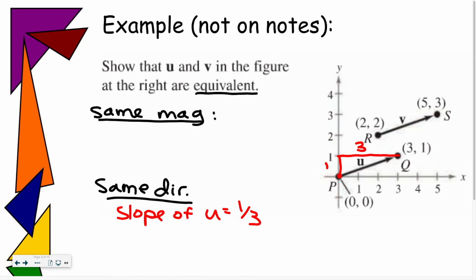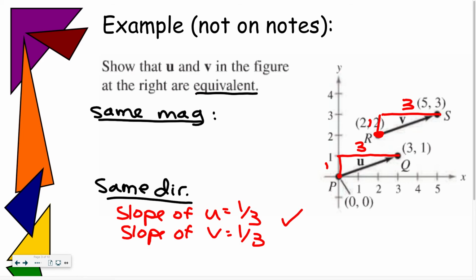And if I am looking at V, I start here at R, which is at (2, 2). I go up 1 and over 3 to get to 5. So the slope of V is also 1/3. So I've shown mathematically that they have the same slopes.